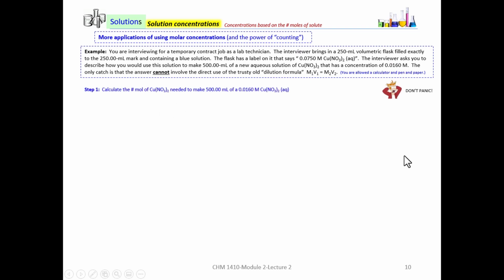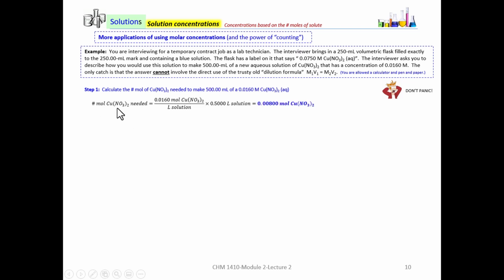Well, the first thing you want to do, of course, is not to panic. Here are some steps you might propose to the interviewer. You might want to calculate the number of moles of copper nitrate needed to make 500 milliliters of 0.016 molar copper nitrate. This is your target solution, and you'd like to know how many moles of copper nitrate you need in that 500 milliliters to make this concentration.